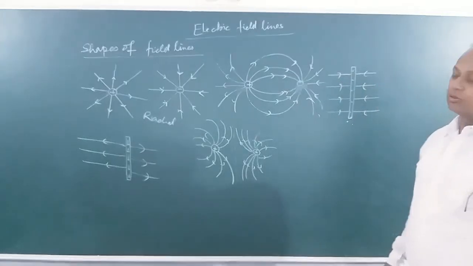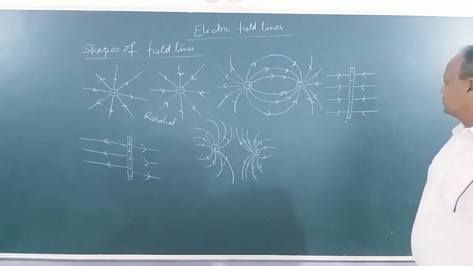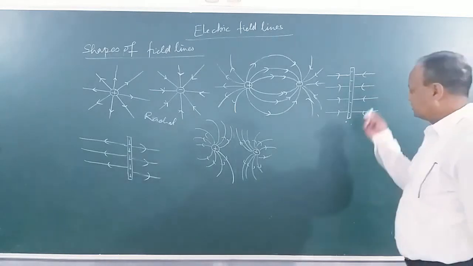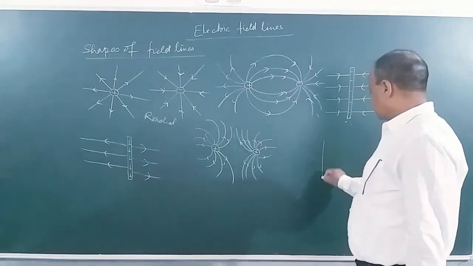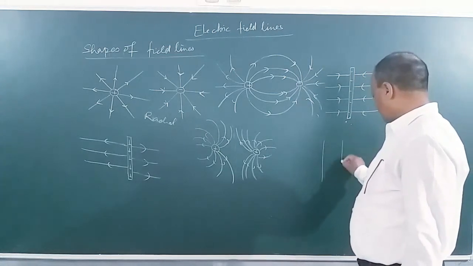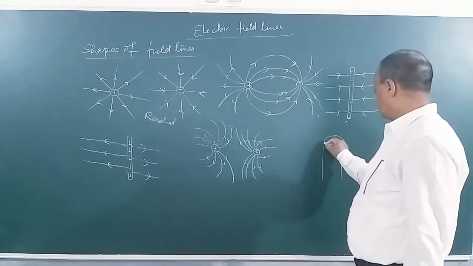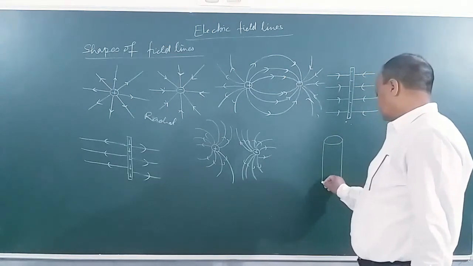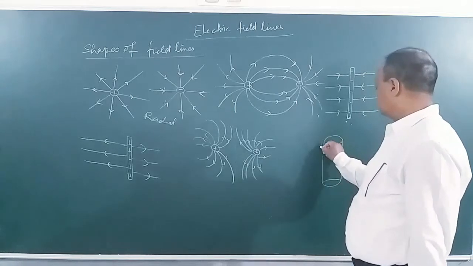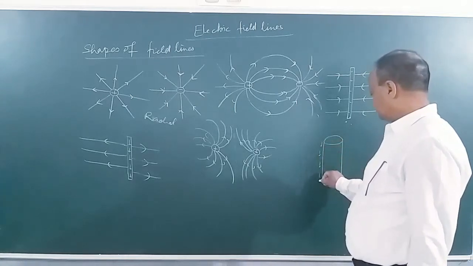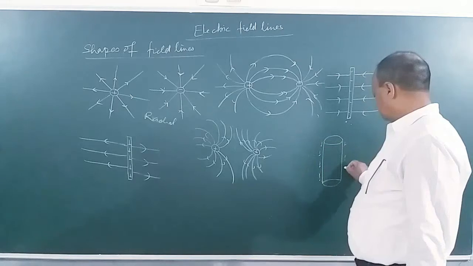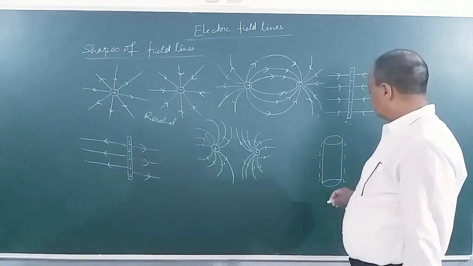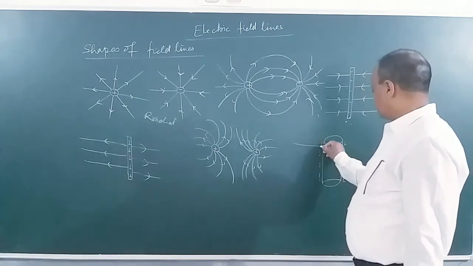Now you can also imagine a cylindrical charged conductor like this. Let's see what the lines of force look like. This is cylindrical.